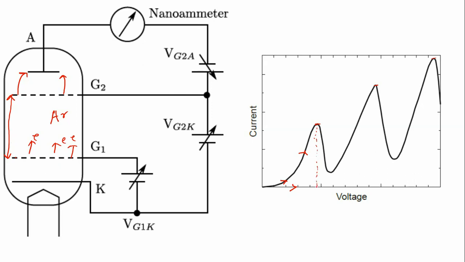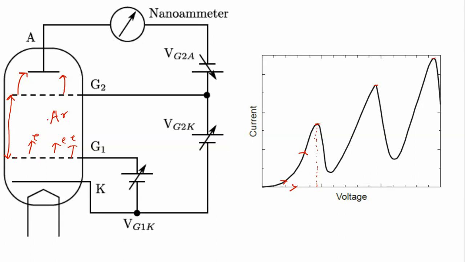When it reaches a certain voltage, that means when it gains a certain amount of energy, if this energy is equal to the energy of first excitation of that particular atom, then there would be an inelastic scattering. That means the electron's energy will be absorbed by the argon atom and it will be excited to the first excited state. So the electron would lose its entire energy.